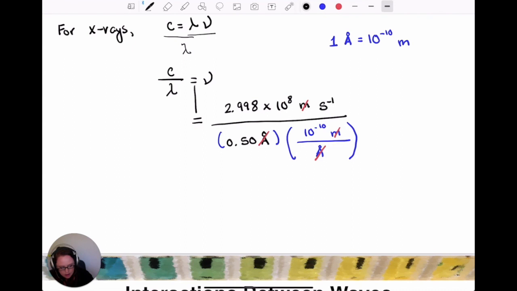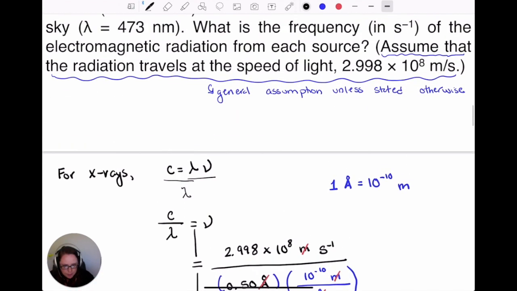And then this is coming out to 5.996 times 10 to the 18 per second. So let's go back and check on our scale to see if this is reasonable.